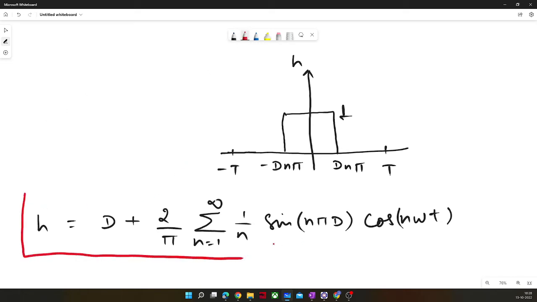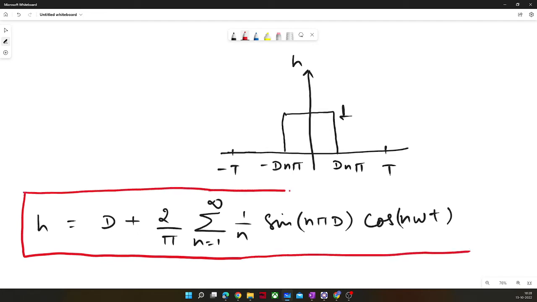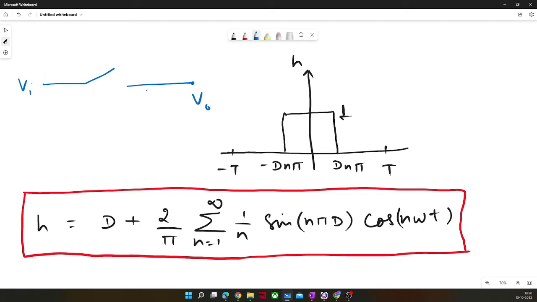If somewhere some switch is there, let's say some input is given, and here we are receiving some output. The switch is closed for dt and open for the remaining time of the time period.